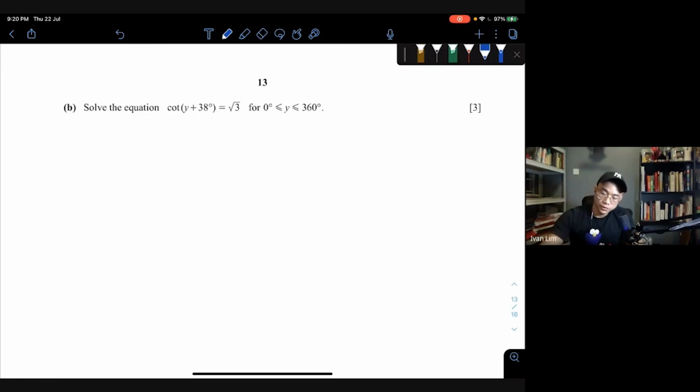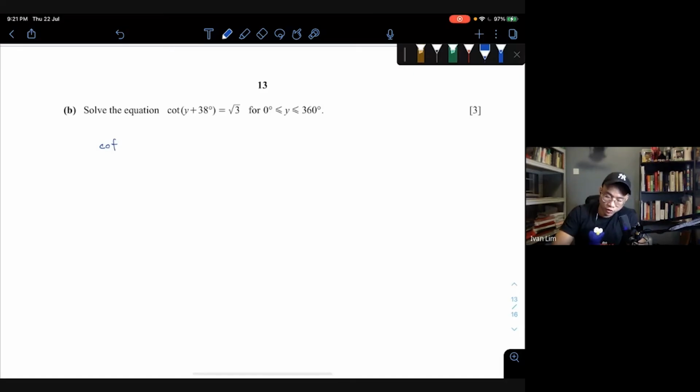Let's write down the question first: cot of y plus 38 degrees equals root 3. We only want sine, cos and tangent, so let's change it to tangent of y plus 38 degrees equals 1 over root 3.